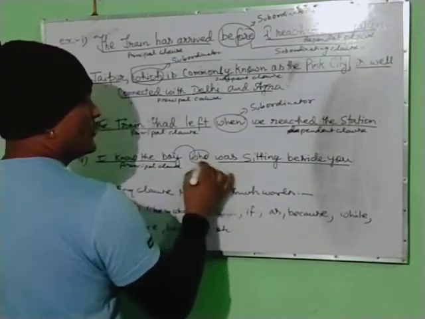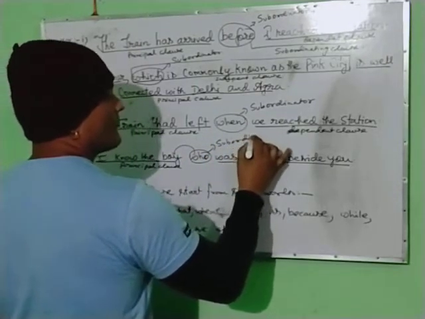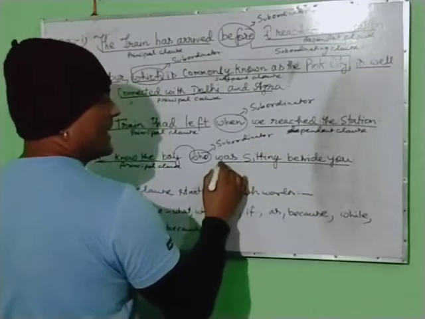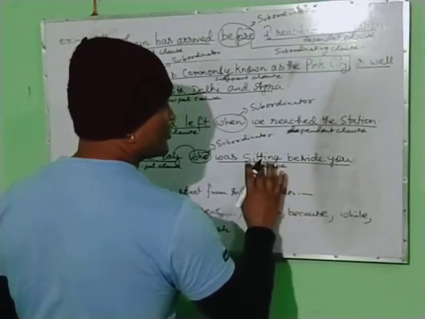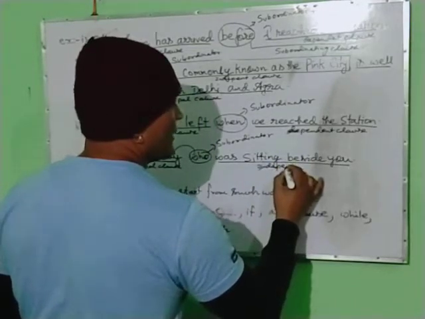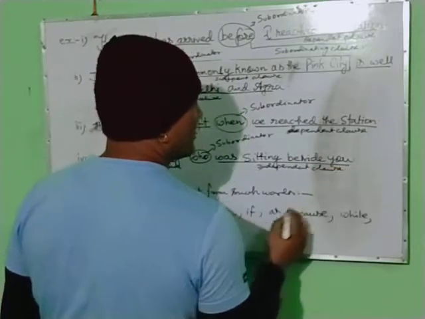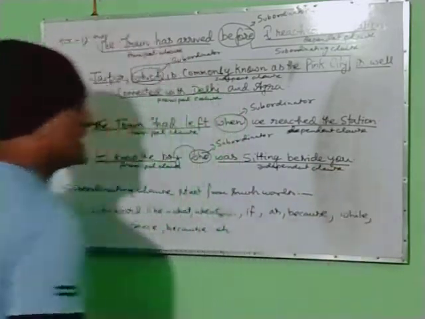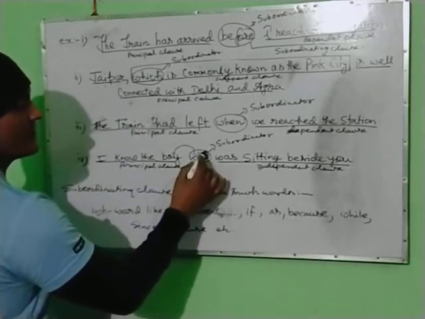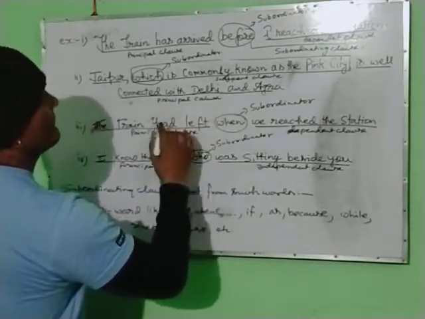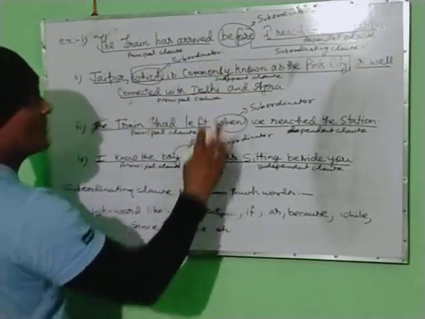That's why "who" is a subordinator, and "was sitting beside you" is a dependent clause, and together it becomes a subordinating clause, which is called a complex sentence. So we can see here who, when, which, before: these are all subordinators.